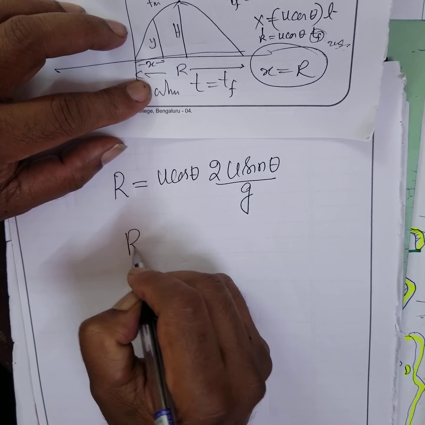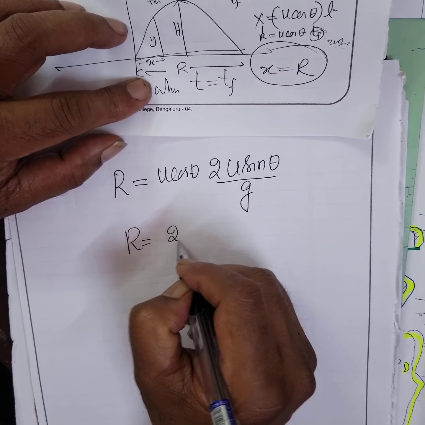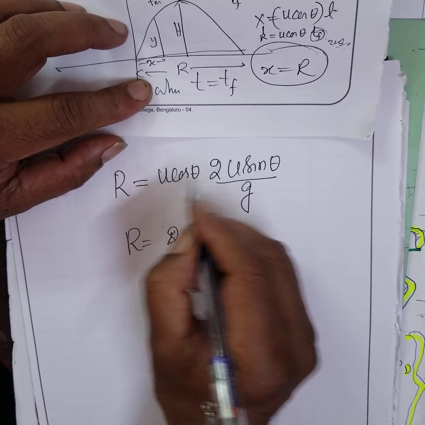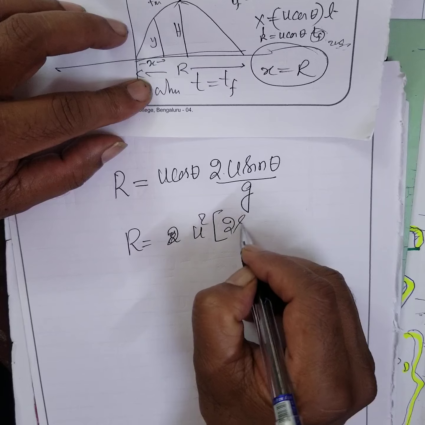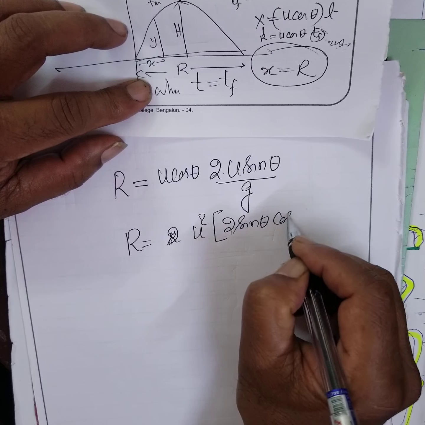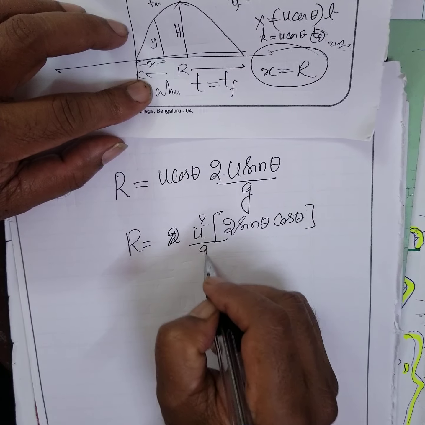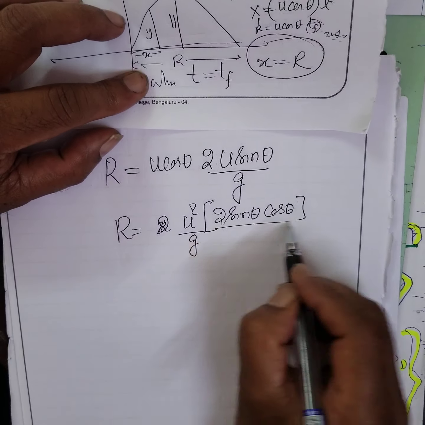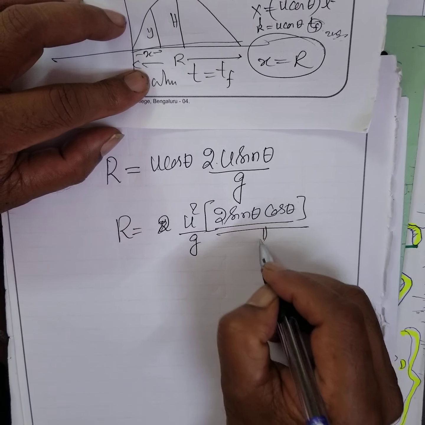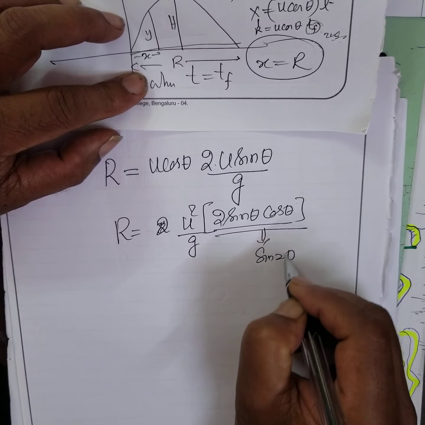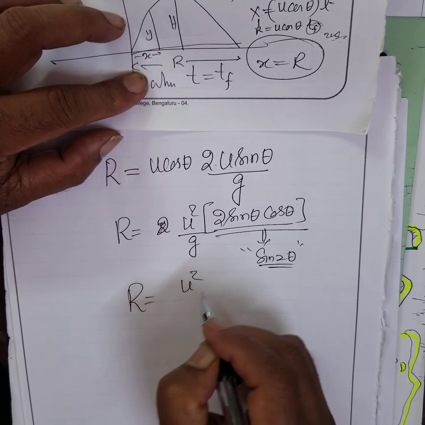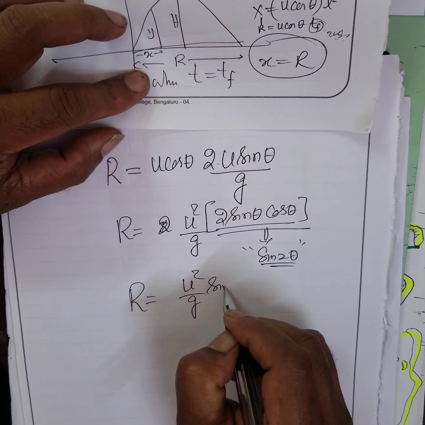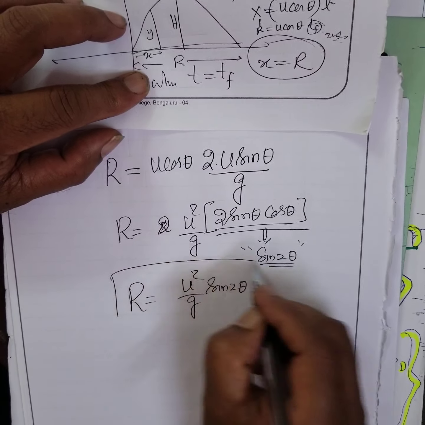In other words, range is equal to u into u square, 2 sin theta cos theta by g. You know this is the formula. 2 sin theta cos theta is nothing but sin 2 theta. The range is equal to u square by g sin 2 theta.